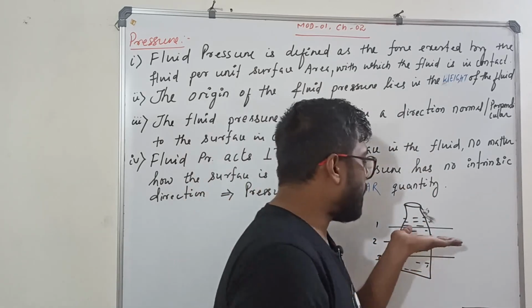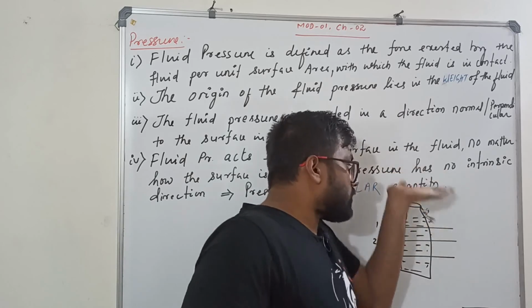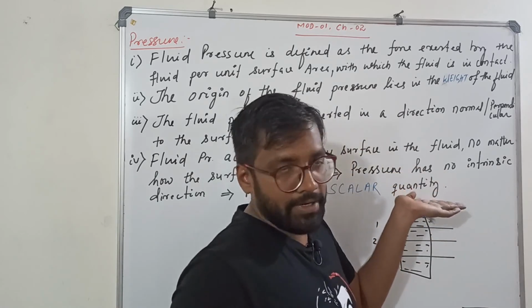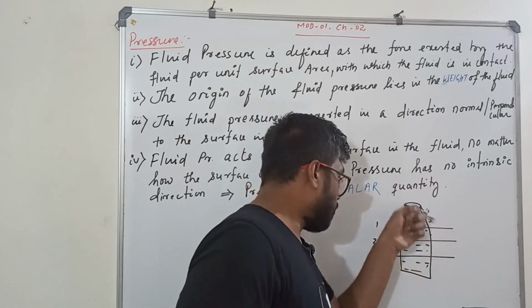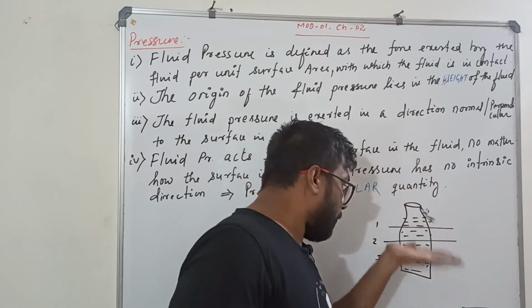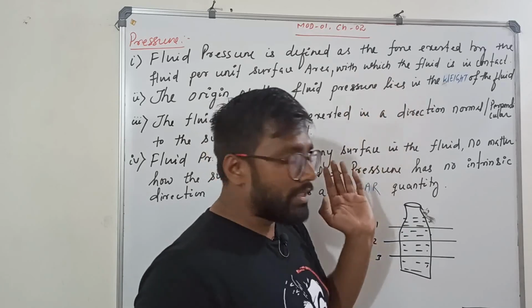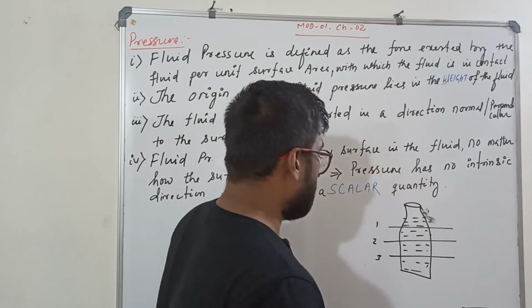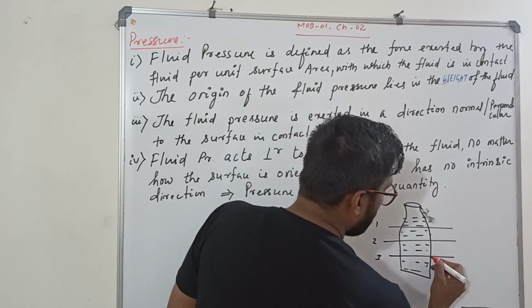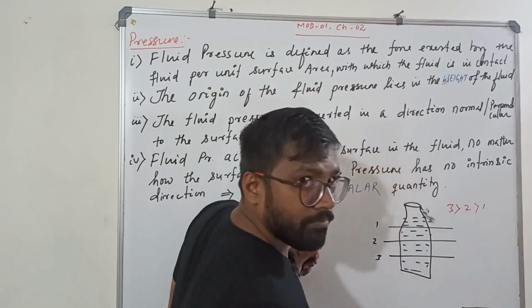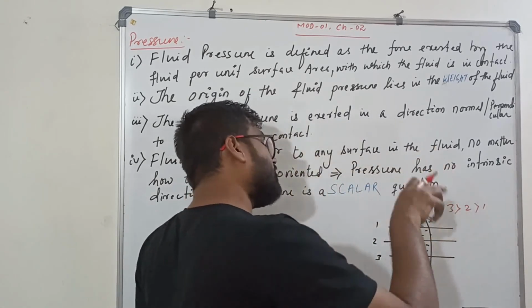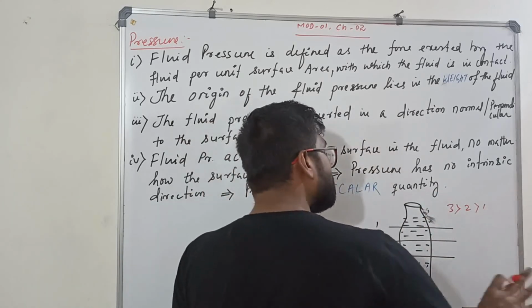What happens at layer 1? Layer 1 supports the weight above it. Layer 2 supports the weight above 1, layer 3 supports the weight above 2 and up. So we can say the force applied on 3 is greater than on 2, and greater than on 1.